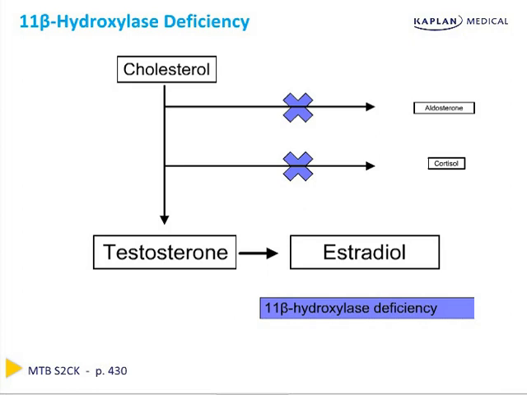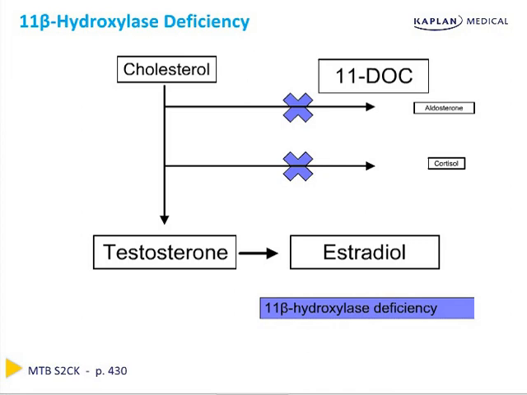So whatever's being produced is being overproduced, and that's a critical aspect of what makes this syndrome very different from 21-hydroxylase deficiency, because the fact that the deficiency is occurring further along the mineralocorticoid pathway means that there is one mineralocorticoid that still gets produced, and it's called 11-deoxycorticosterone, 11-DOC. This isn't as potent as aldosterone, but it still works.